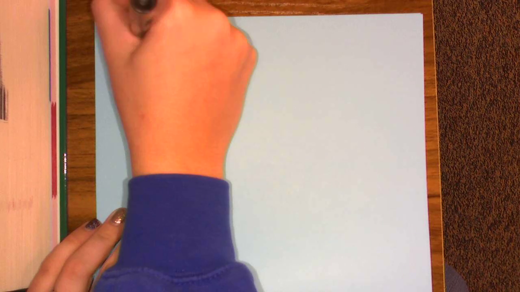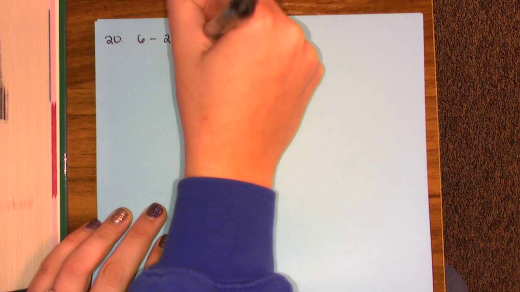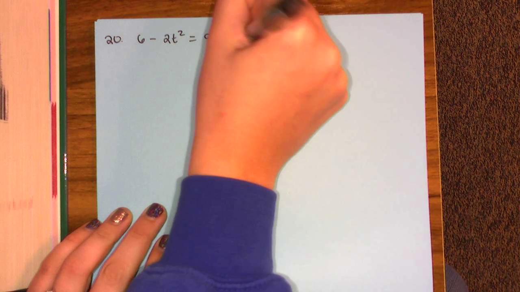Let's see. So for that one, let's do 20, just so it's a little harder in terms of moving stuff over, but the quadratic formula process is the same. So for 20, we have 6 minus 2t squared is equal to 9t plus 15.